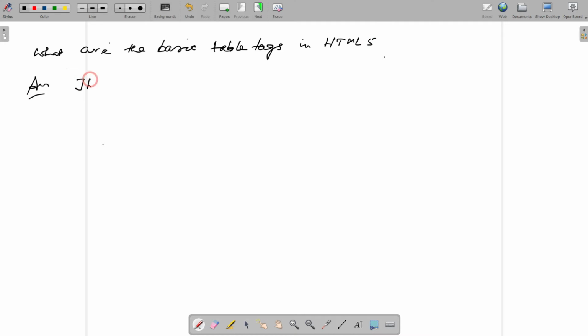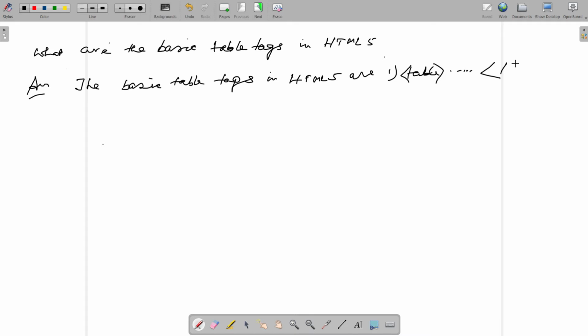The basic table tags in HTML5 are, what are these? Number one is what? Table. Table open, table close.